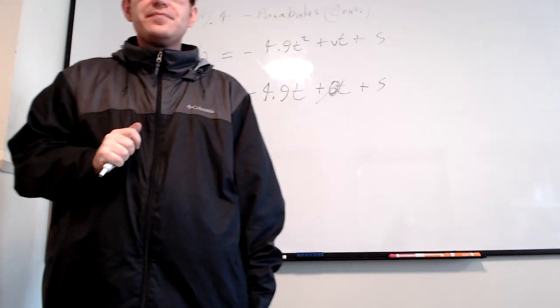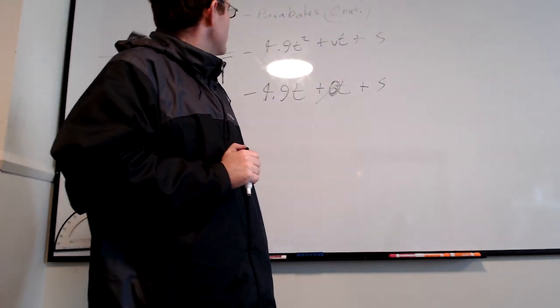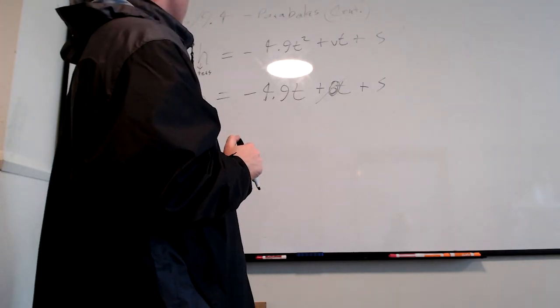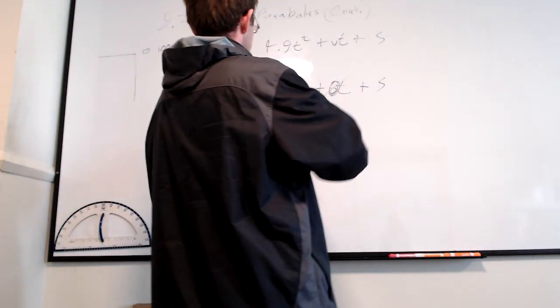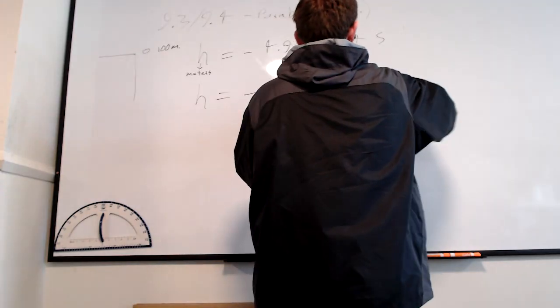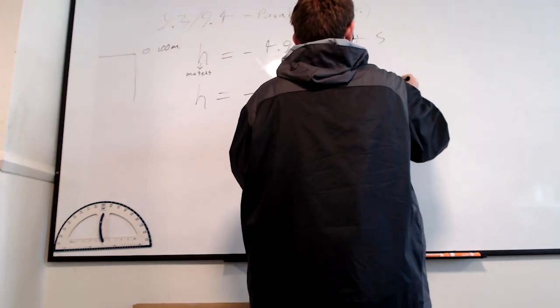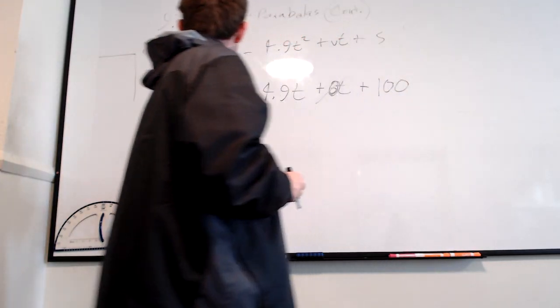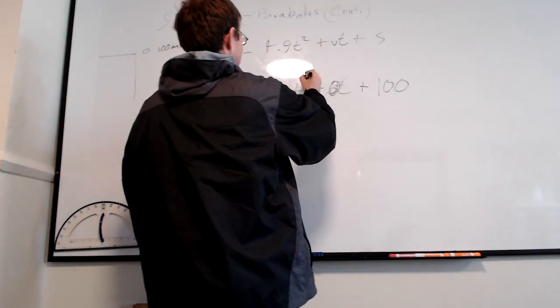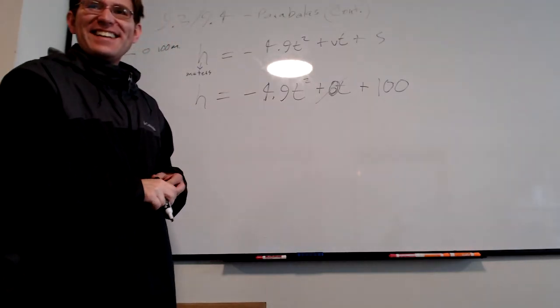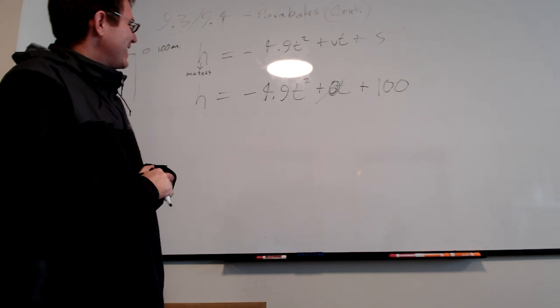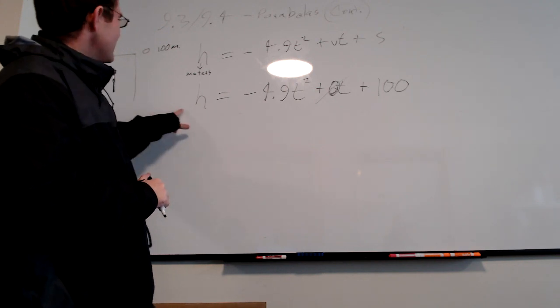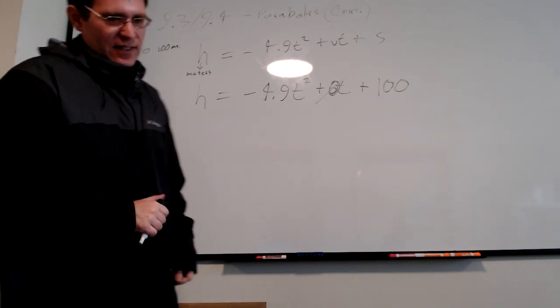It's meters. Negative 4.9 t squared, plus 100.